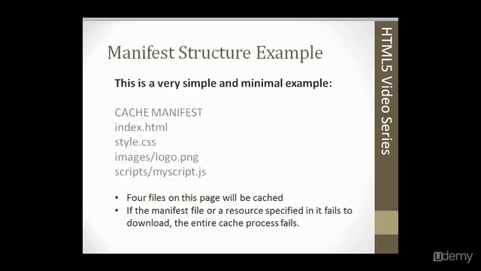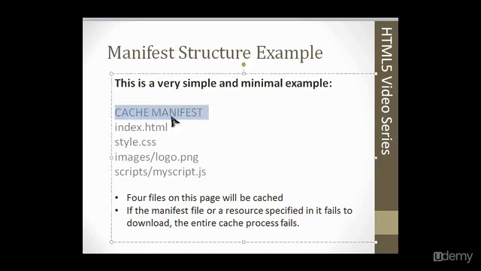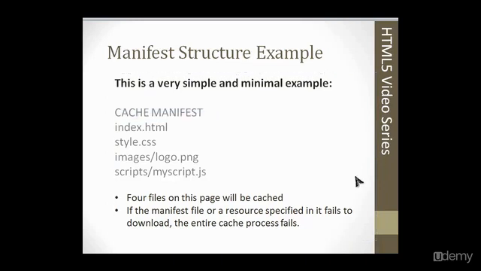The manifest structure can be very, very simple like this, or it can be very complicated with multiple parts to it. But this is the minimum of what you would need. This right here, this cache manifest, is required. You need that.